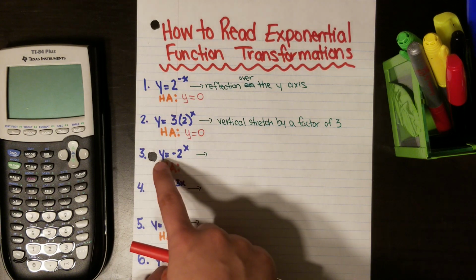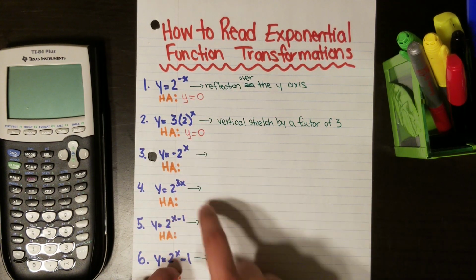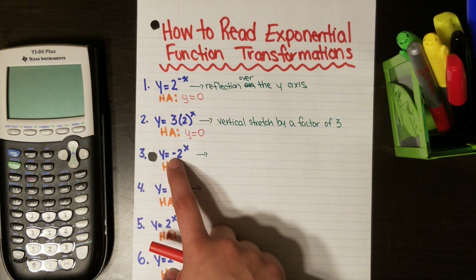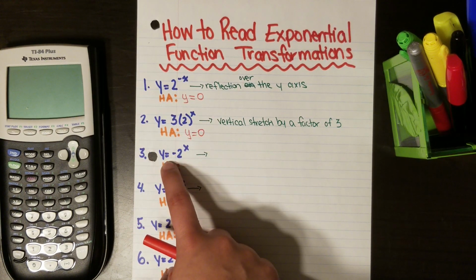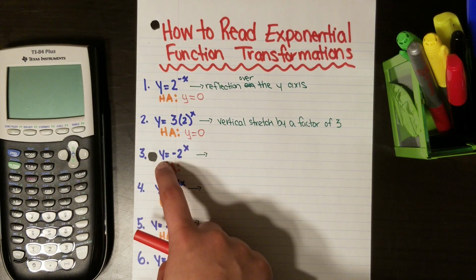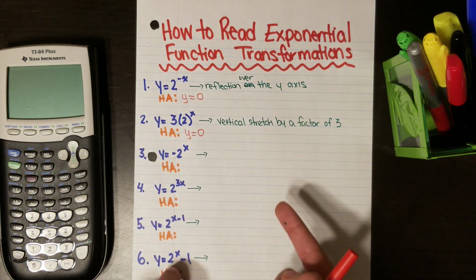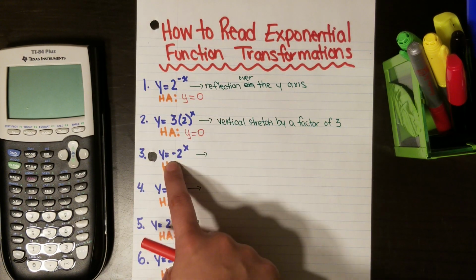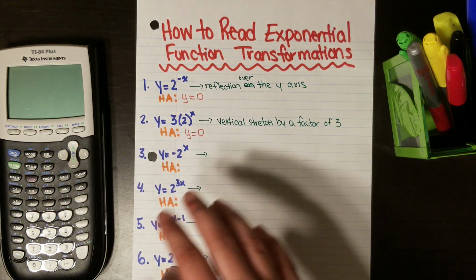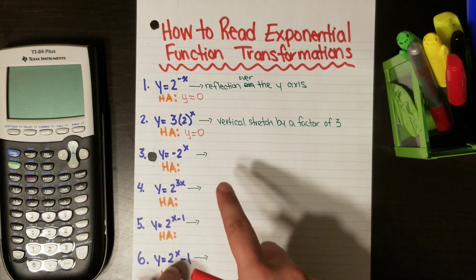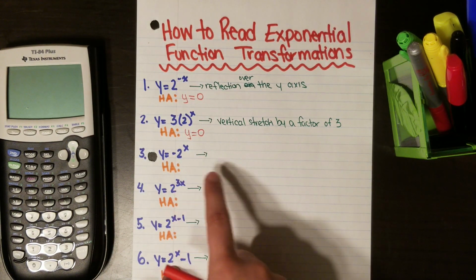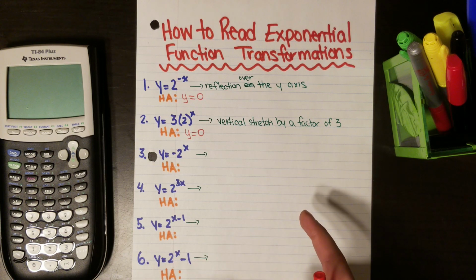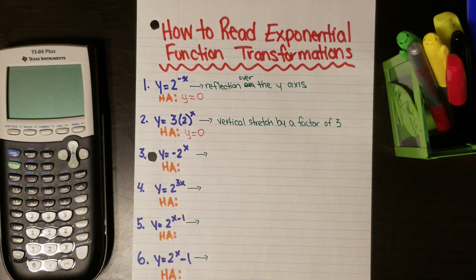For the next one, I have y equals negative 2 to the x. Okay, that negative is in front of your base value. So whatever is in front of your base value deals with your y values. So my y values are being multiplied by a negative, or you could say by a negative 1. So when my y values are being multiplied by a negative 1, that means there's a reflection over the x-axis. Like I mentioned before, it's the opposite.